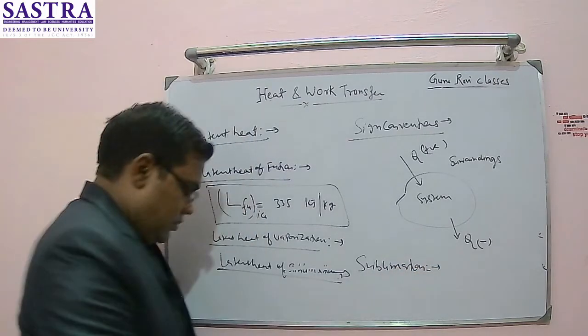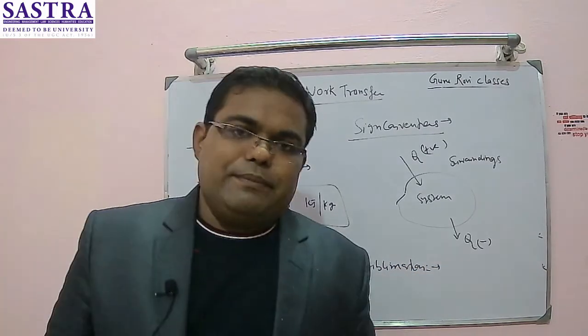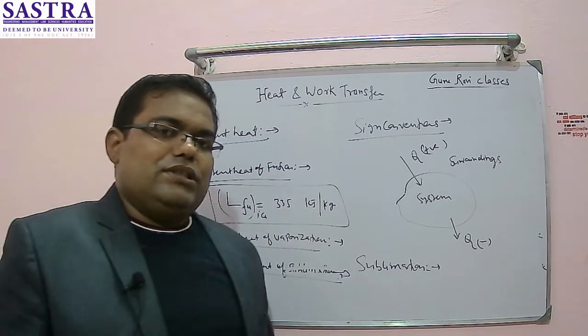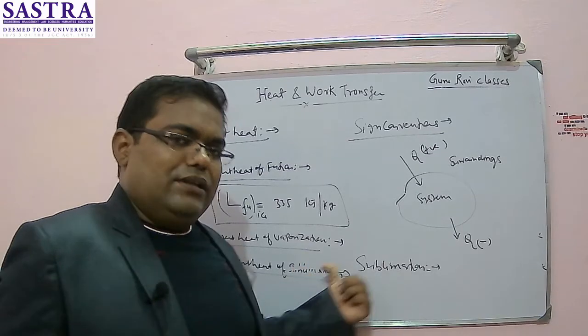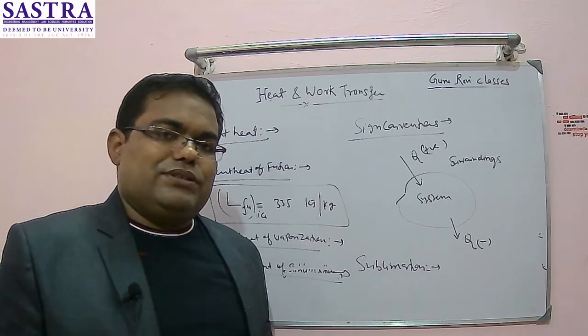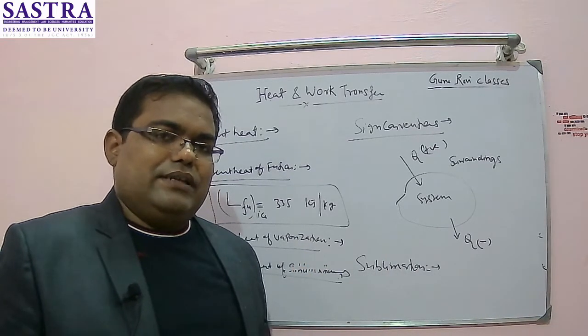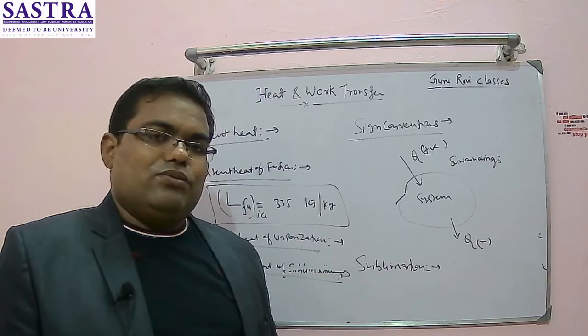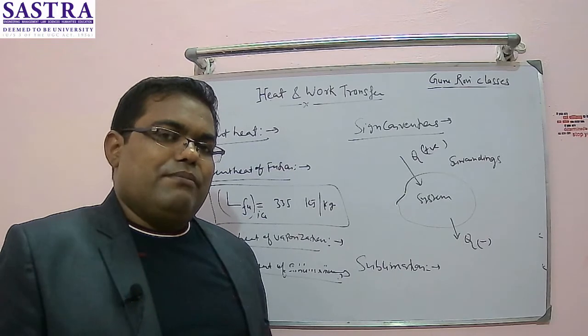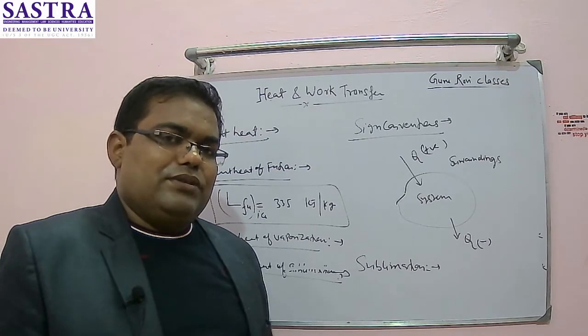It is the amount of heat transfer required to make a phase change directly from solid to vapor at constant pressure and temperature. That is, heat of sublimation is defined as the amount of heat transfer required to make a phase change from solid to vapor at constant pressure and temperature.